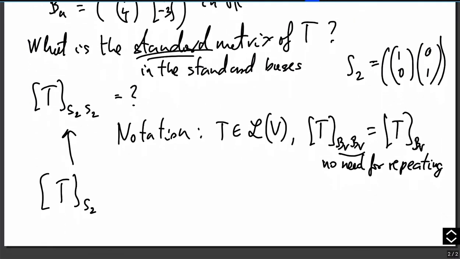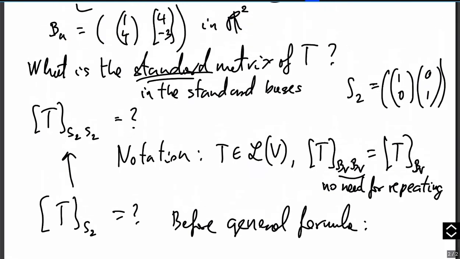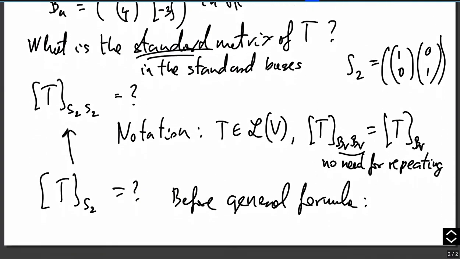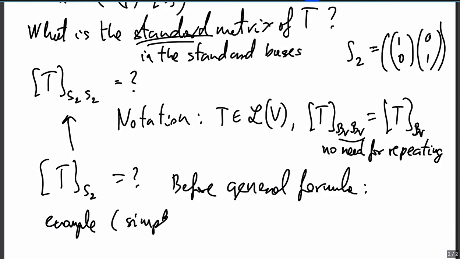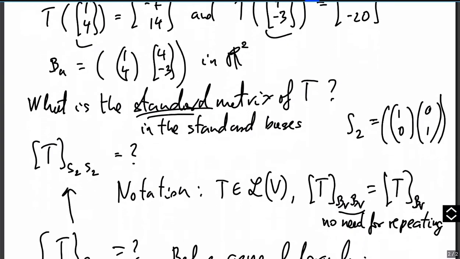So before we do this in general, let's look at this problem just in its simple form. This example is not too complicated. We might be able to do it without a general formula.